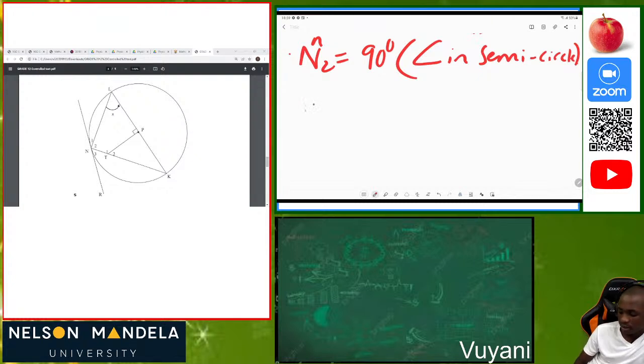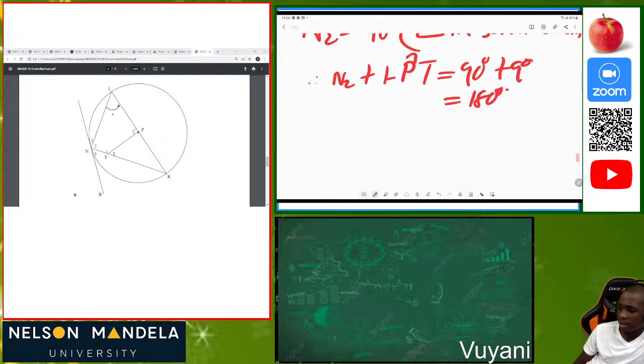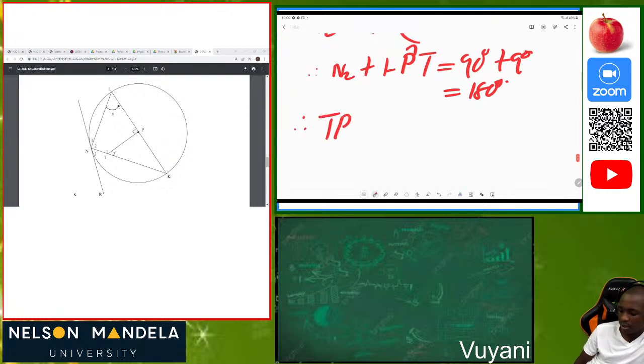So therefore, angle N2 plus angle LPT is equal to 90 degrees plus 90 degrees, which is equal to 180 degrees. So now we can conclude that TPLN is a cyclic quad.